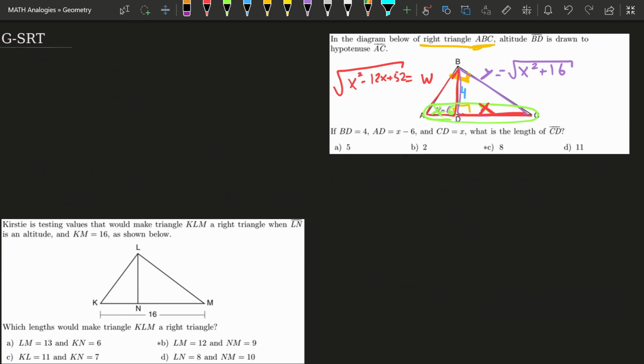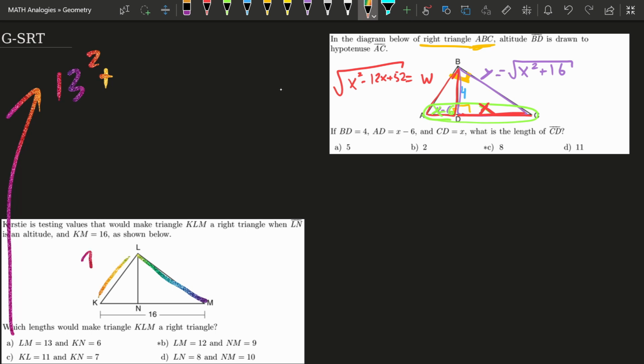In our bottom problem, Kirsty is testing values that would make this triangle a right triangle when LN is an altitude and we have the bottom as 16. So which lengths would make this a right triangle? Well, Pythagorean theorem. For choice A, LM with 13 squared plus something else squared equals 16 squared.